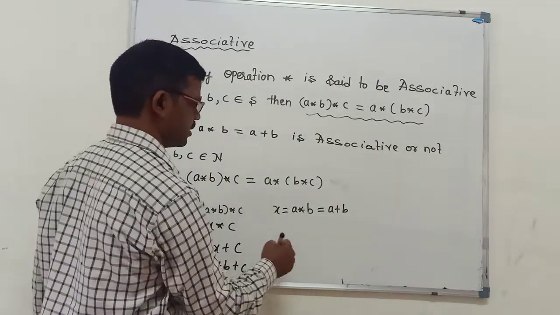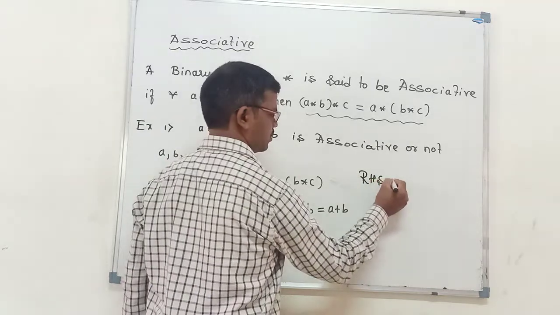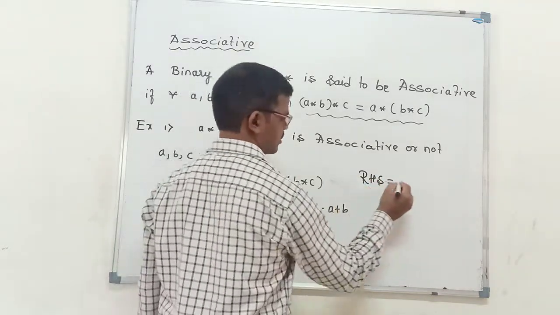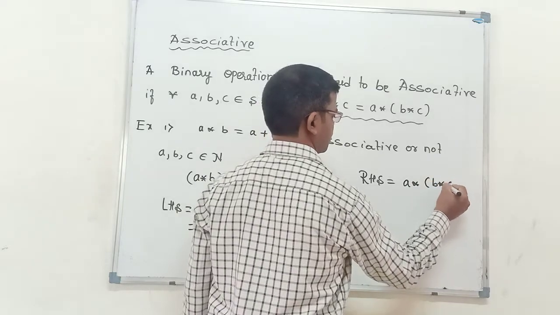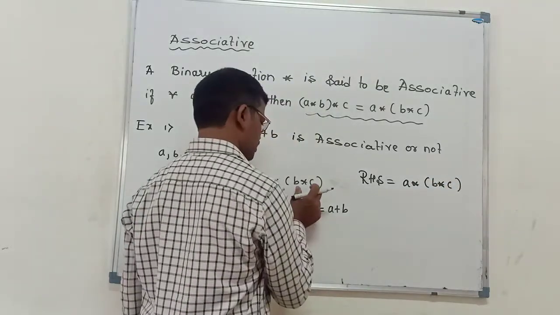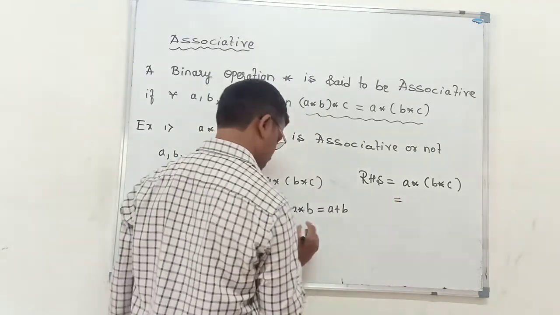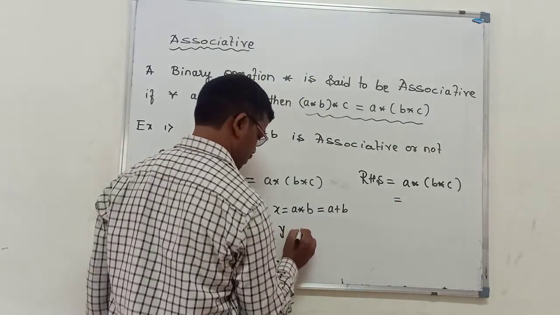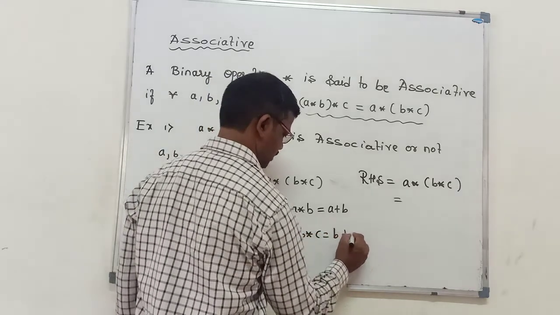Next we come to the RHS. RHS is equal to a star (b star c). First we have to solve b star c. Let me consider y equal to b star c, which means b plus c.